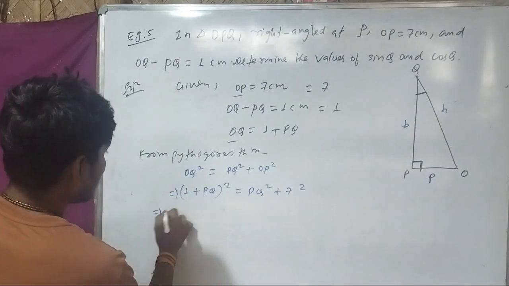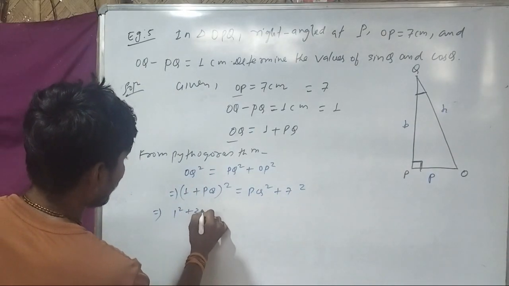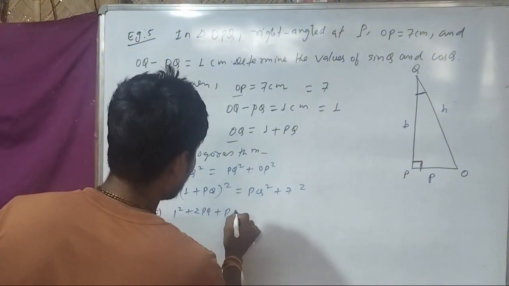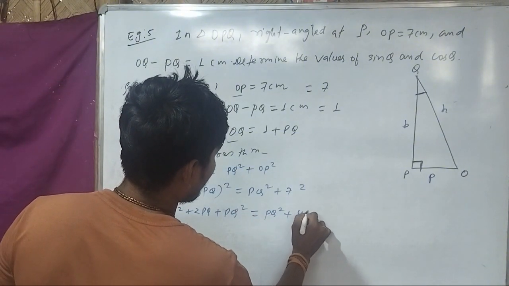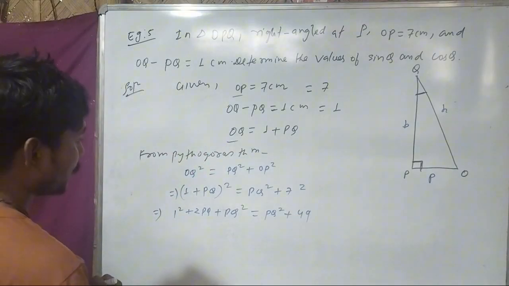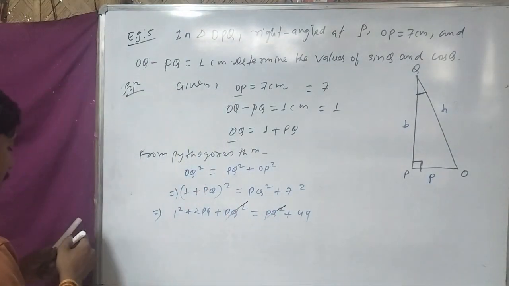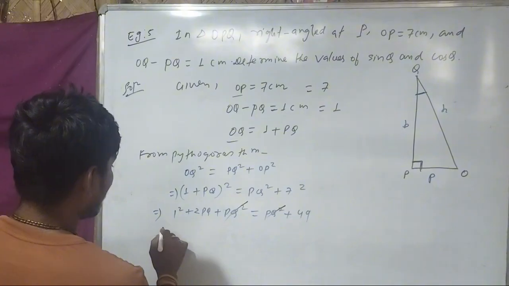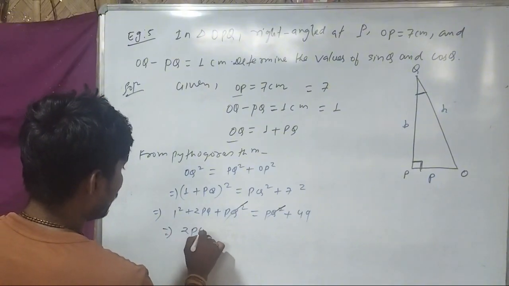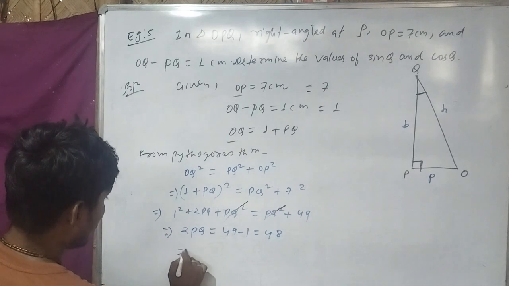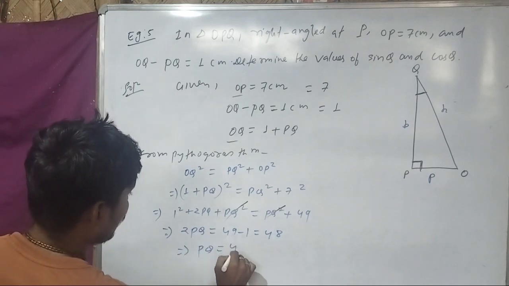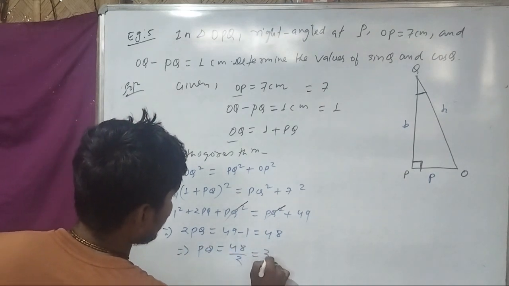Using (A plus B) whole square, A square plus twice AB plus B square, we get PQ square plus 2 PQ plus 1 equals PQ square plus 49. PQ square is on both sides, so it cancels. Now 2 PQ equals 49 minus 1, that is 48, so PQ equals 48 by 2, that is 24.